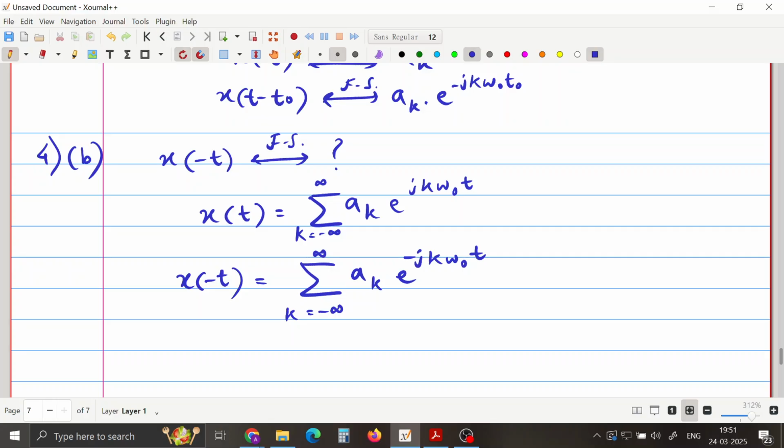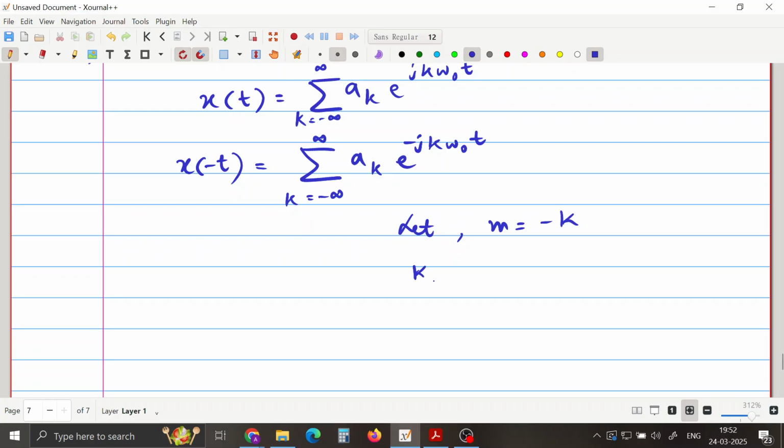Now in the exponential Fourier series representation, we need to ensure that these phasor terms have e to the power j k omega naught t, with no negative sign in the exponent. To take care of that, we can substitute some other variable m as minus k.